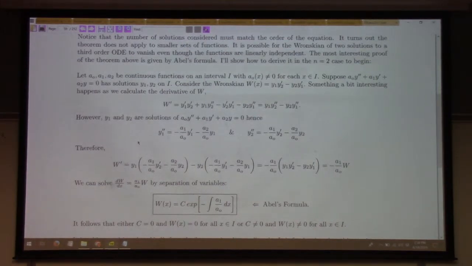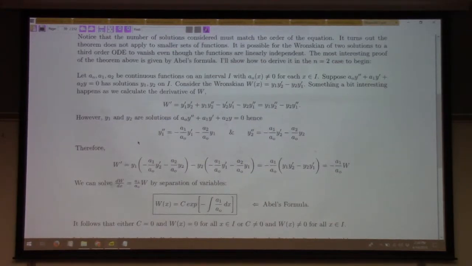Differentiate this, you get 1. Differentiate that, you get, well, x times absolute value of x is this. These are both parabolas. This is y equals x squared. This is y equals minus x squared.